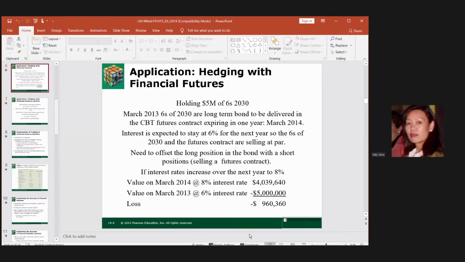Then we also made a hypothetical: what if the interest rate goes down? If interest dropped from 6% to 4%, this bond value will go up. Definitely above 5 million, because when the interest rate goes down, the bond price goes up. So I assume up to 6 million. You make 1 million from this bond.